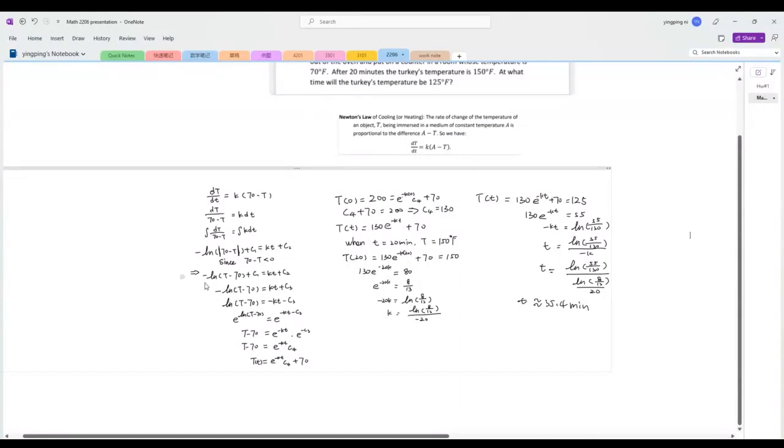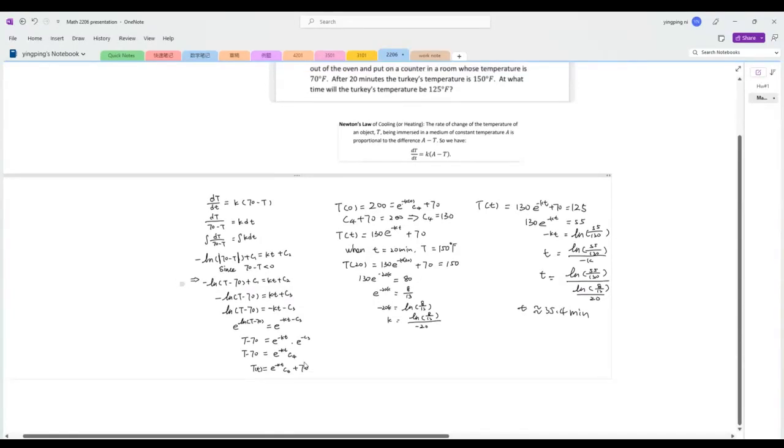We have negative ln of (temperature minus 70) plus C1 equals kt plus C2. And we get the final answer: T equals e to the negative kt times C4, plus 70.